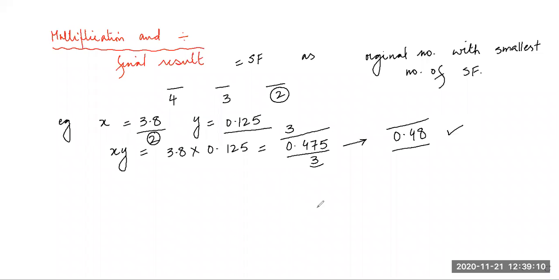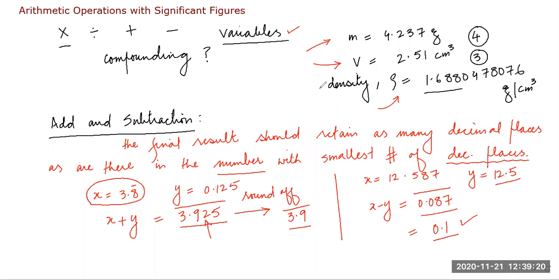Now students, because we know the rule for multiplication and division, we can do the sum with which we started this lecture. Now, can anyone tell how many significant figures should be there in the density? Yes students, how many significant figures are there in this 4, and here there are 3. So which number has two significant figures?